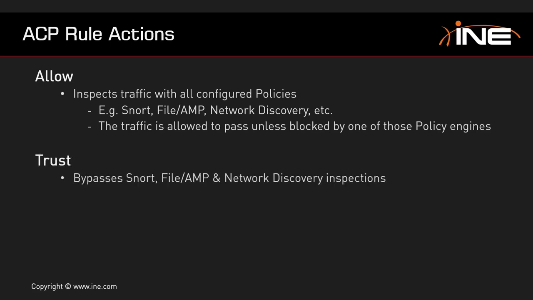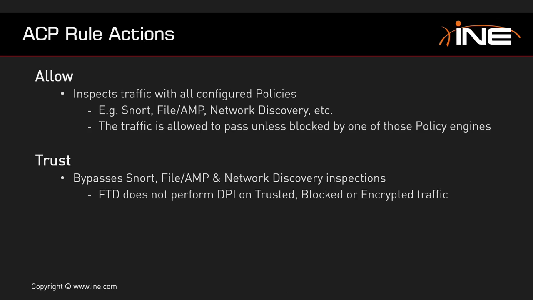Okay, we also have the trust action, which is how you will bypass deep packet inspection and the network discovery policy. So this is more like a fast path type of processing for a packet, where you will want to pass the packet without involving those CPU-taxing engines, but there is still going to be just a few engines that will inspect the traffic.